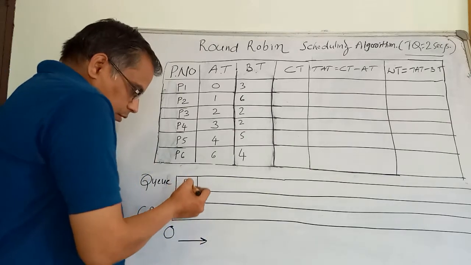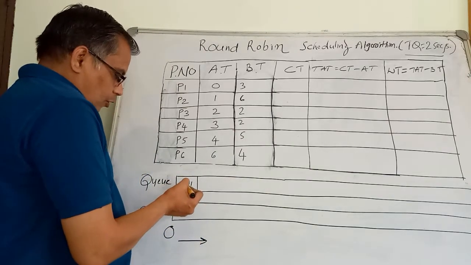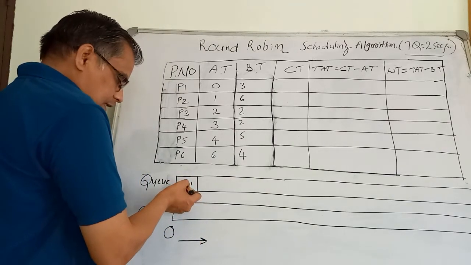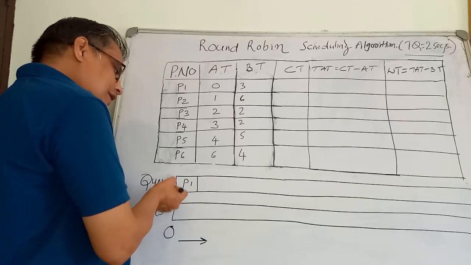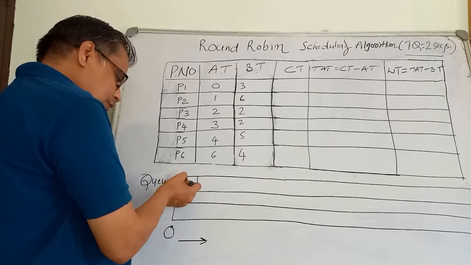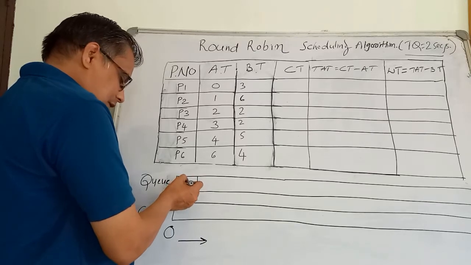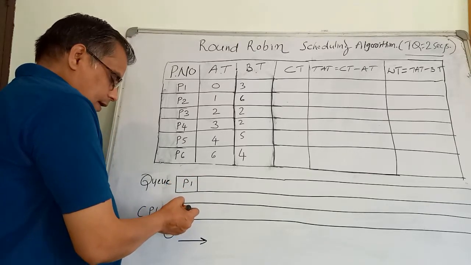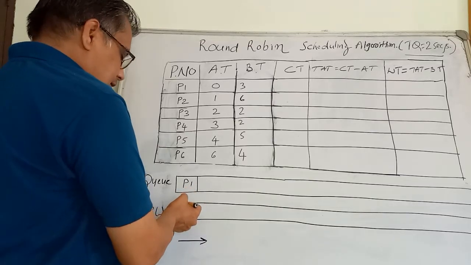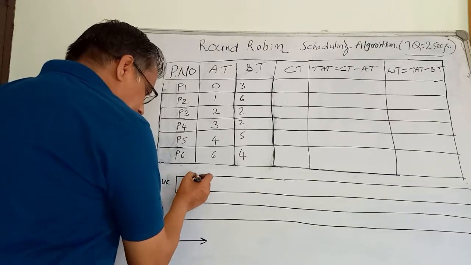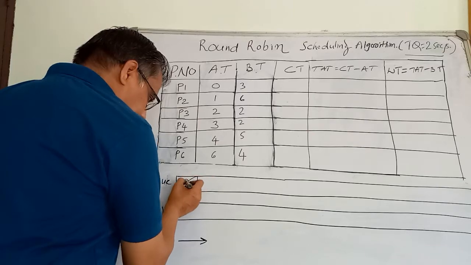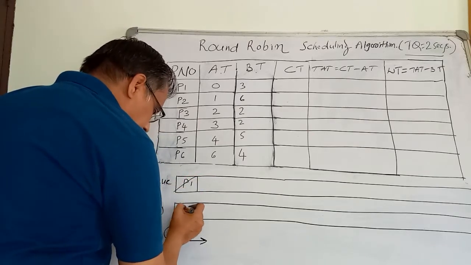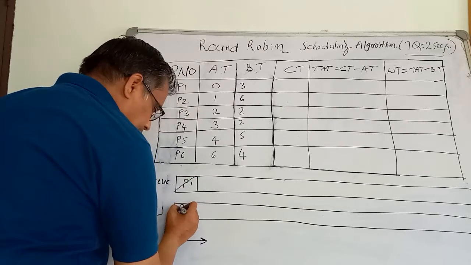Now the next step you have to follow is, since the CPU is supposed to delete the entry from the queue so that the particular process is going to be executed, that entry will be struck off. So this should be taken here, P1.